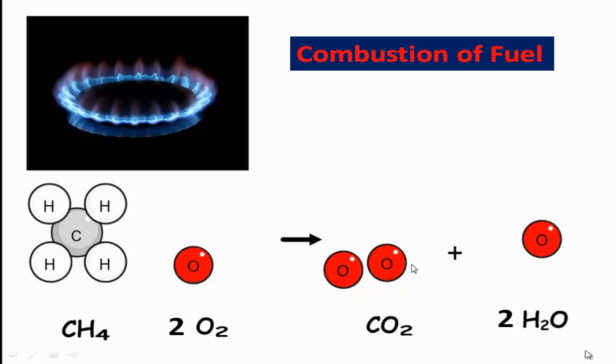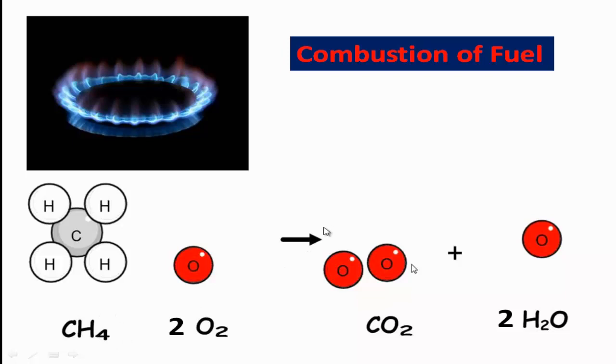So this is a chemical reaction, and these same reactions actually occur in the engine of every vehicle, because either natural gas or other fuels are used, but all fuels are mainly hydrocarbons. That means carbon and hydrogen are present.